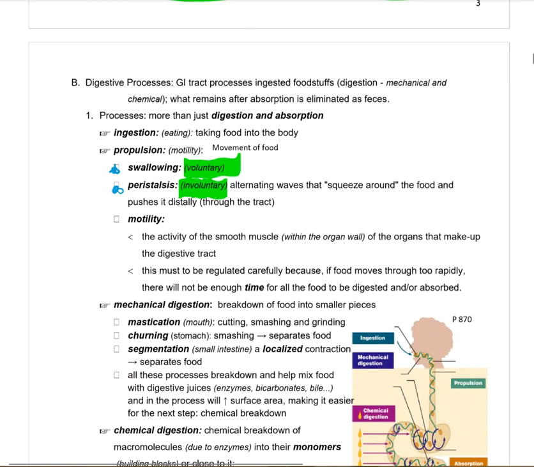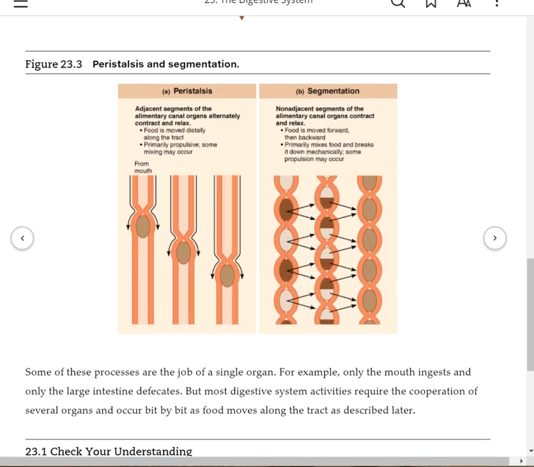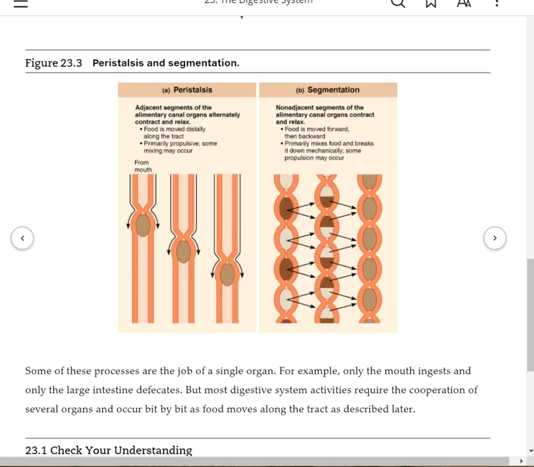Okay? Now, there is a picture of peristalsis on page 851, and let's go find it really quickly here. There it is. So peristalsis, notice what you're seeing here. You're seeing what we call a bolus of food.